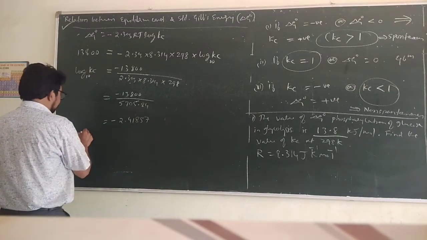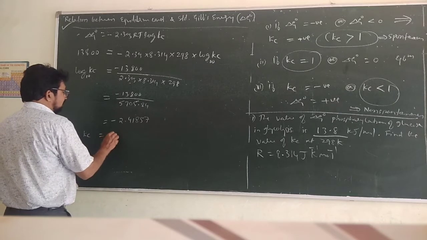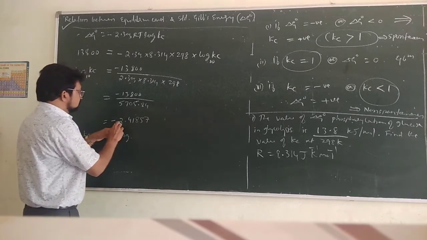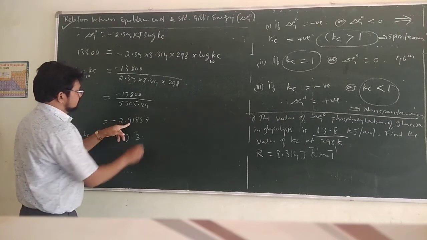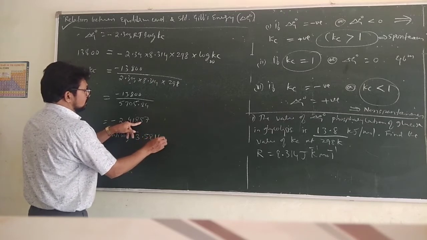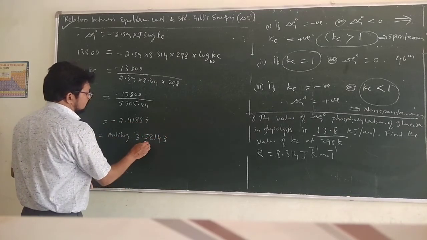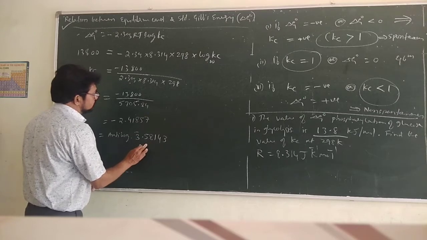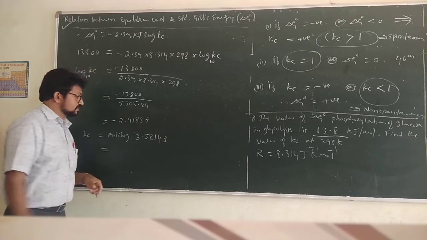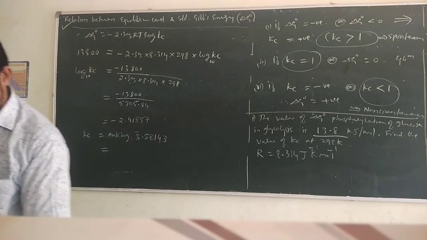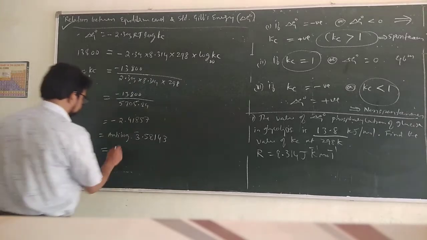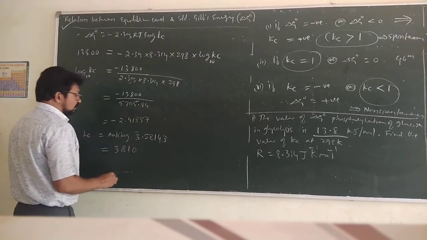Now this is log Kc, therefore Kc will be the antilog. Taking the antilog, this is bar 3.58143, and looking at the antilogarithm table, 0.58134 gives 3810.